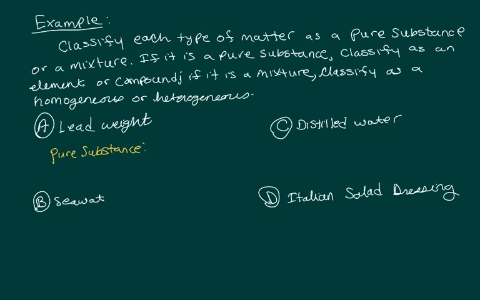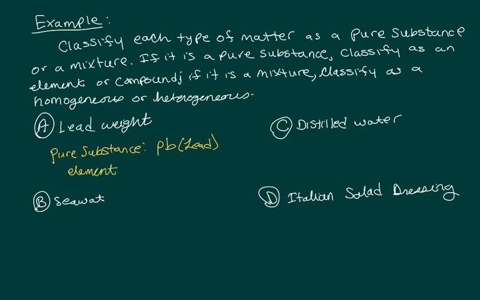Well, lead can be found on the periodic table. That's what you want to ask yourself. Lead has the chemical symbol Pb, but for now, just look at the name, lead, because we will learn the chemical symbols and the names later. But since we find it on the periodic table, it is an element.